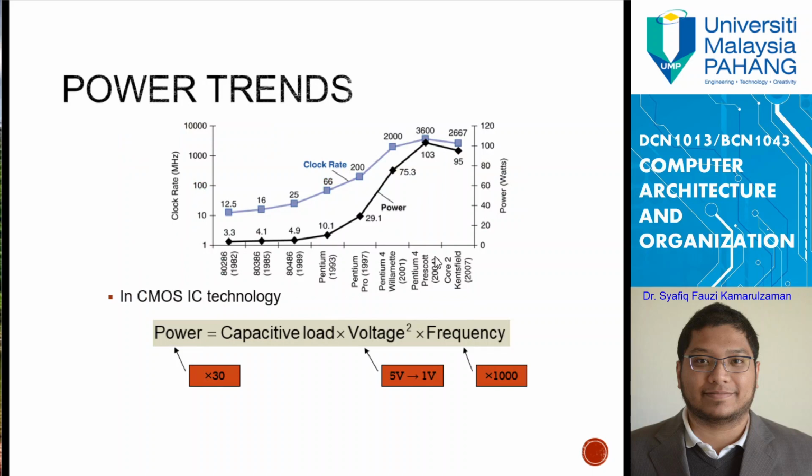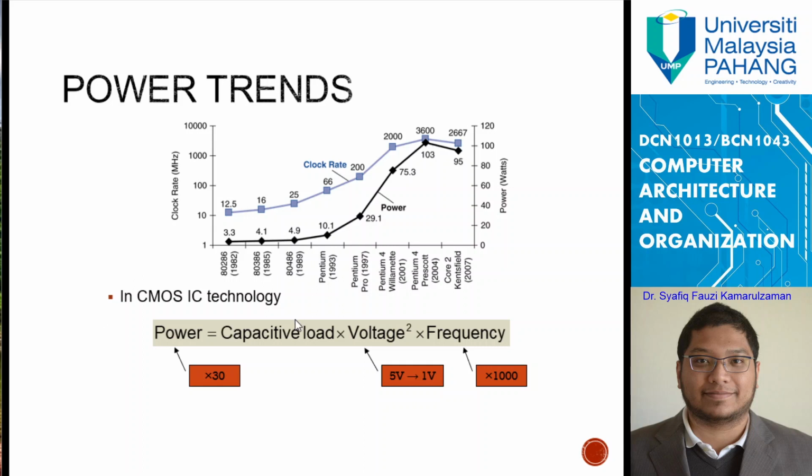And this is a graph showing power trends. This is another way for us to evaluate the performance itself. If you look at the black line here, it shows the number of watts it takes to improve the clock rate. And here you see that the higher the clock rate is, the more power it consumes.